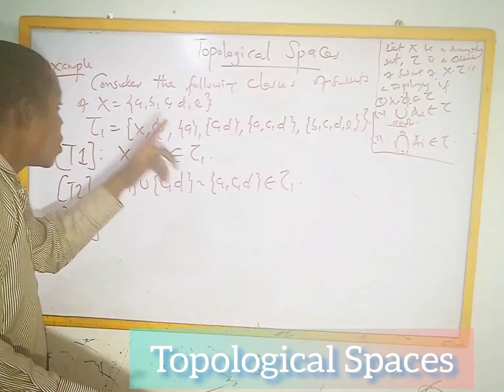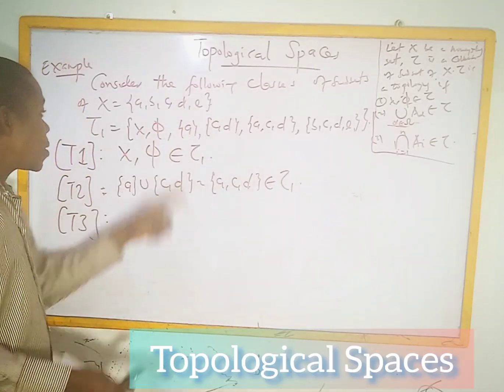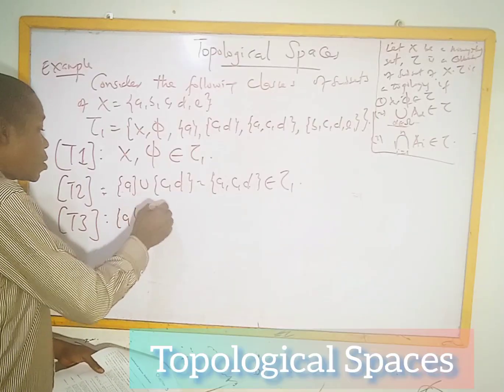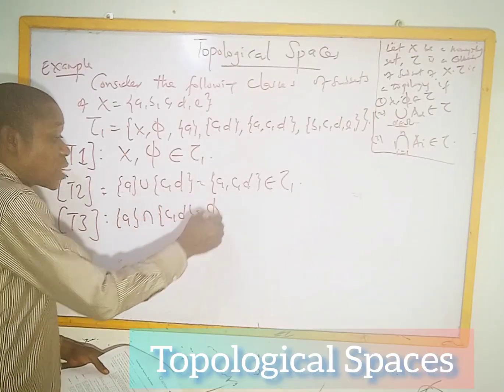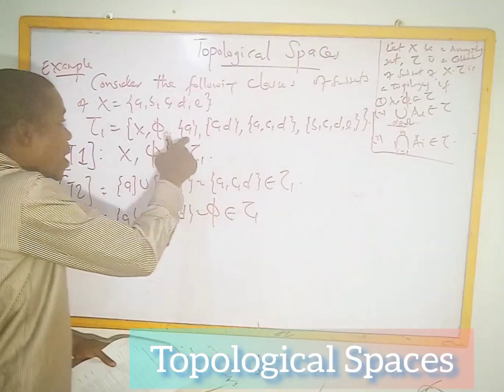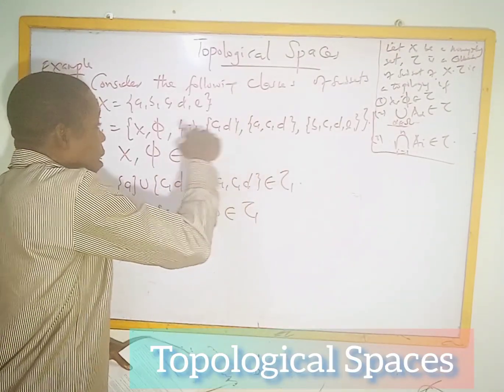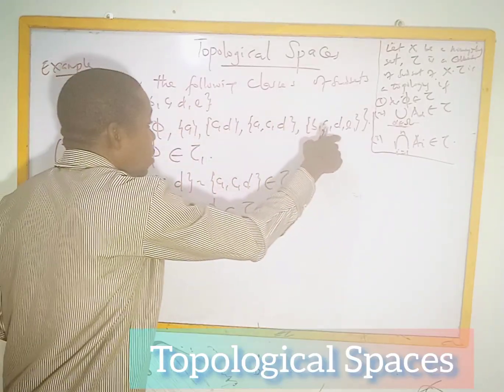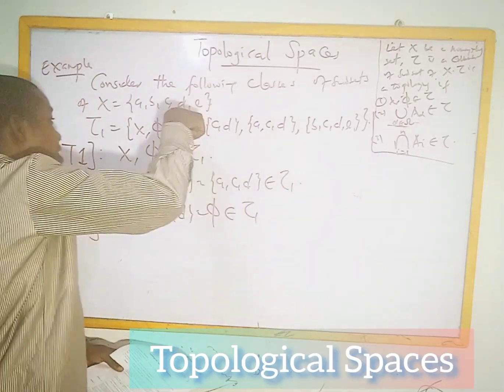Now let's pick it out. If I pick A intersection CD, what do you have? That's an empty set, which is also a member of that topology. Then if you pick A intersection this, that's singleton A, also a member of that topology. If you pick A intersection BCD, we have an empty set, which is also a member of that topology.